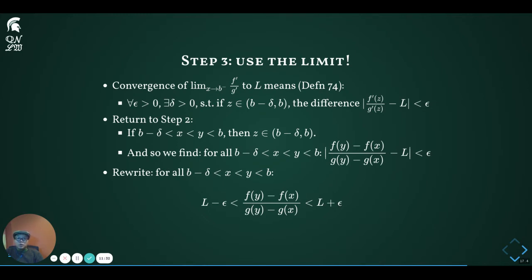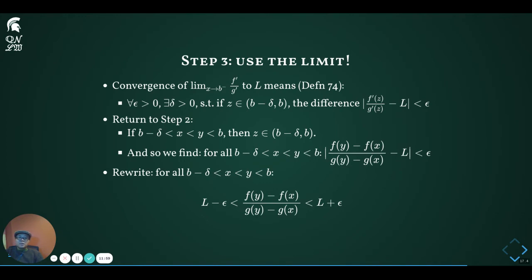Now, returning to how we passed from function to derivatives in the previous slide. There, we chose x and y to be arbitrary between a and b. If we were to be more picky and select only x and y from between b minus delta and b, then, since z is also between x and y, the resulting z would also be between b minus delta and b.